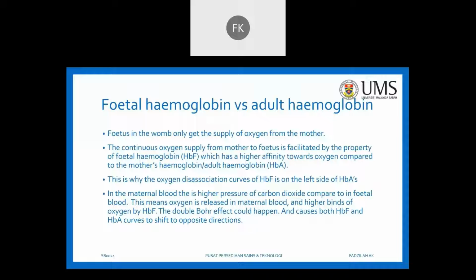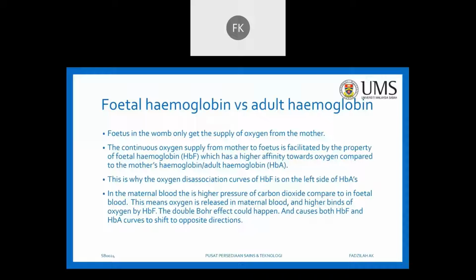This is why the oxygen dissociation curve of fetal hemoglobin is on the left side of the adult hemoglobin. In the maternal blood, there is a higher pressure of carbon dioxide compared to the fetal blood.